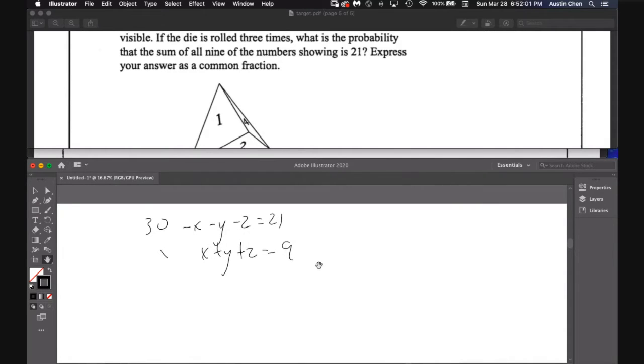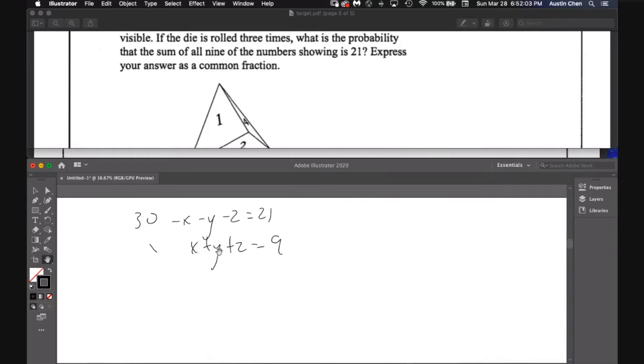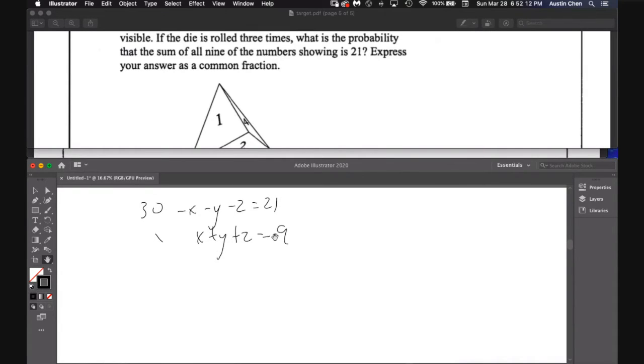An easy and fast way is to list the possible combinations of die rolls that equal a sum of 9, find how many ways those combinations can be arranged into permutations, and then find the total number of ways we can roll our dice to have a sum of 9, and put that over the total number of ways we can roll our dice.